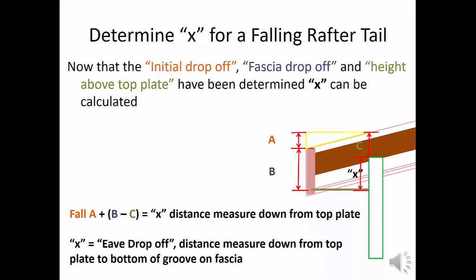Determining eave drop off for a falling rafter tail. Now that we've calculated the initial drop off, fascia drop off, and height above top plate, we can determine the eave drop off, or X. The formula for eave drop off for a falling rafter tail is fall A plus bracket B minus C, close bracket.